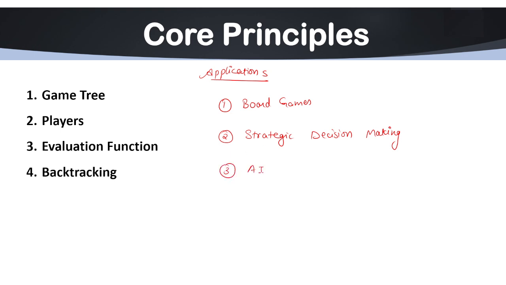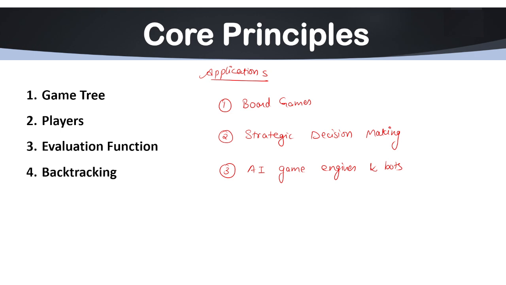Another is artificial intelligence, game engines, and bots. All clear? So students, I'm now going to conclude this session: the min-max algorithm is a cornerstone of AI that enables rational decision making in competitive environments.